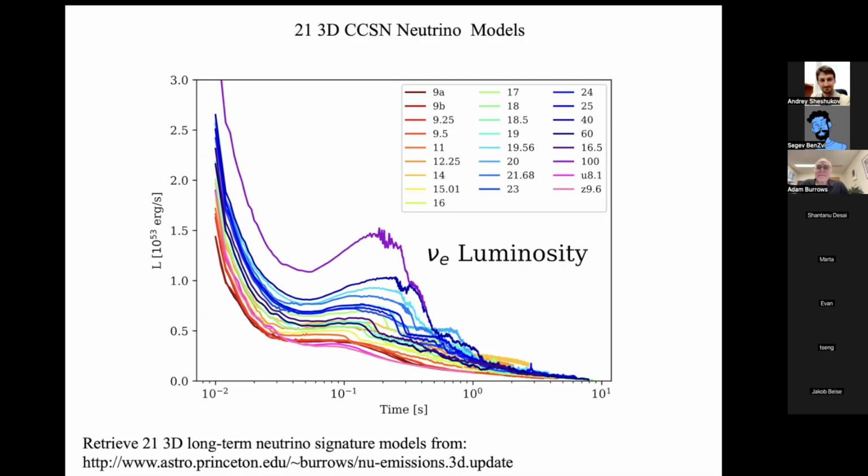I wonder if it's possible to estimate the effect of core collapse inside a binary star system, so if it affects the explodability and neutrino emission and all these parameters. The thing that happens is that massive stars are predominantly in binaries. The number people quote is on the order of 70%. Some are close.